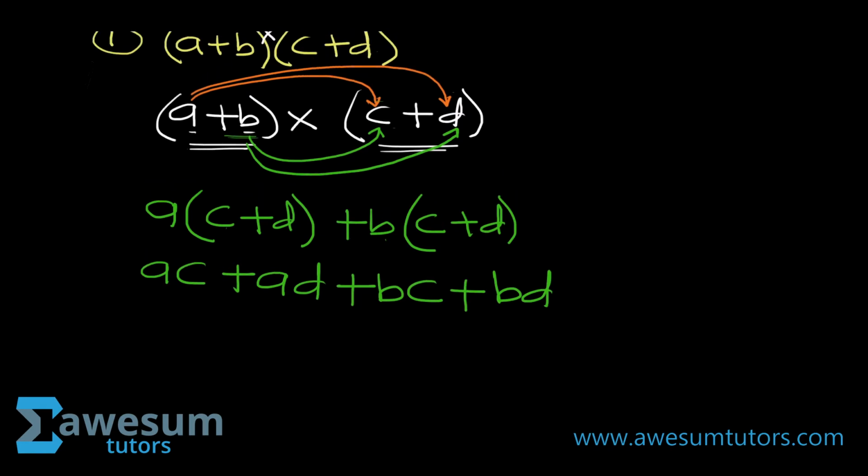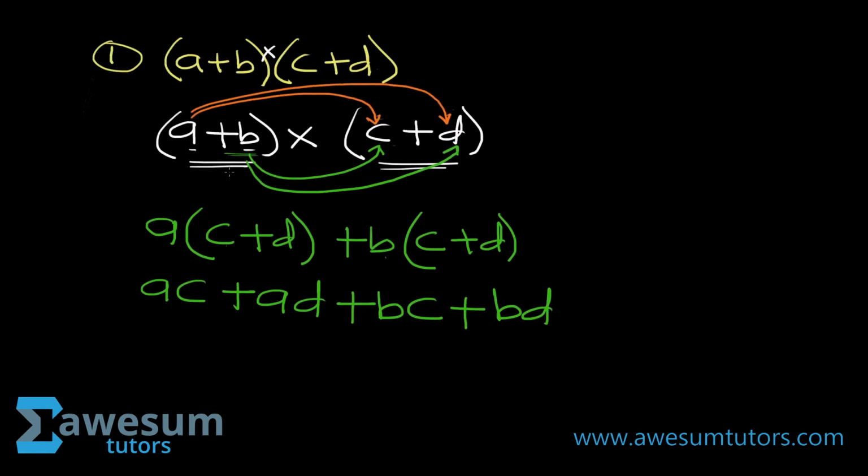Remember what I said, that this a right here is going to multiply c and d, which is what we did here, a bracket (c + d). Then this plus b also is going to multiply c and d right there, which is why we said (a + b) bracket (c + d). Okay, so now to open it up, you have to multiply out.